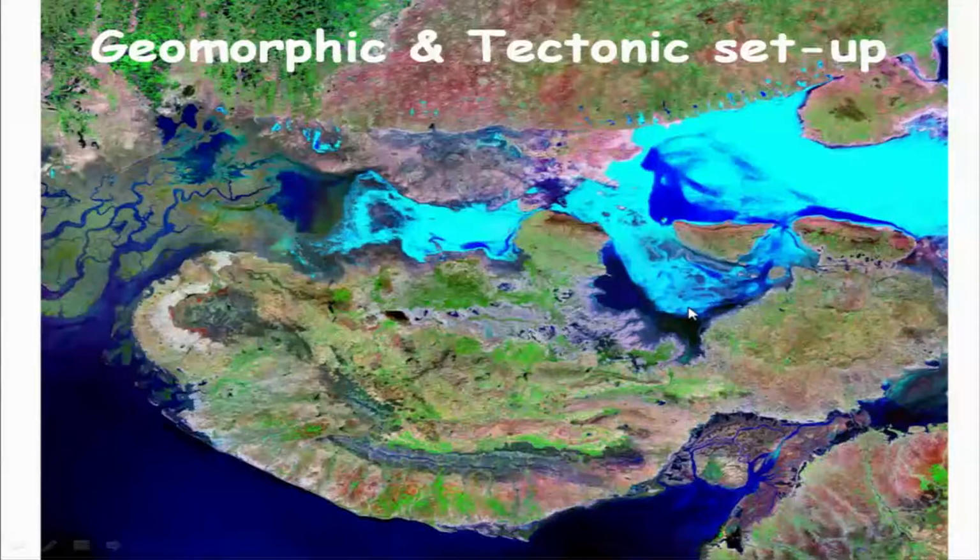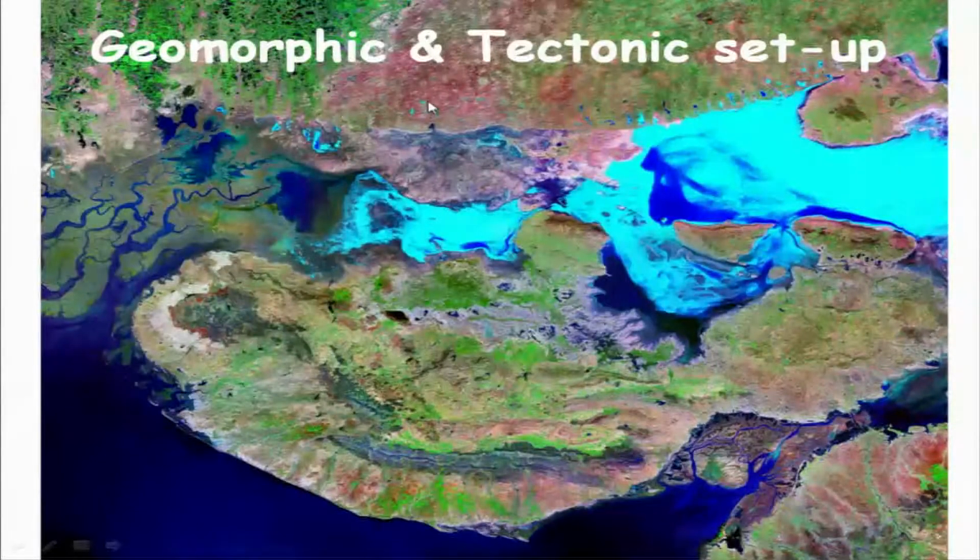So this is what I was mentioning about the desert. The Great Indian Desert is this one, which marks the boundary between India and Pakistan. Here, this is the border, in Gujarat, and this side is Pakistan.